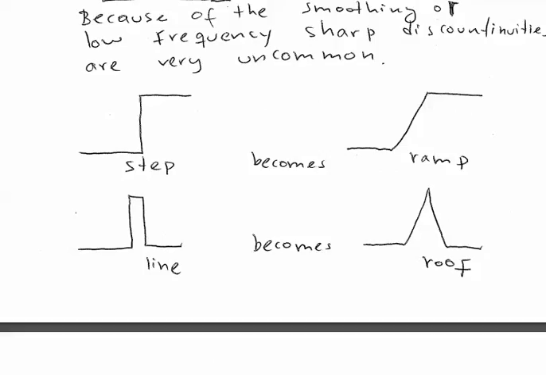Now, the previous examples explained what the idea of a significant change was, but because of the smoothing or low frequency, sharp discontinuities in an image are very uncommon. So what we were looking at as a step function is actually a ramp.